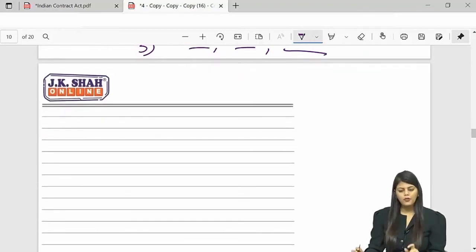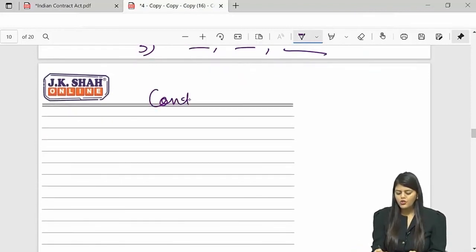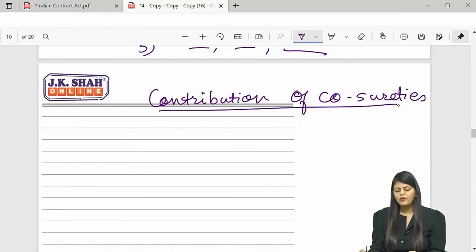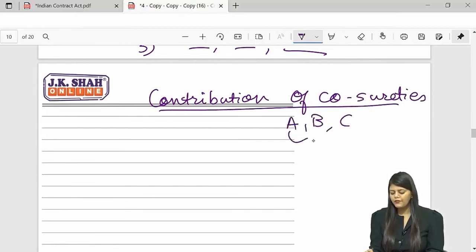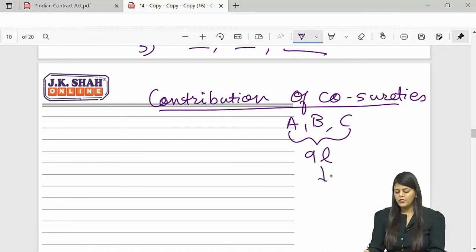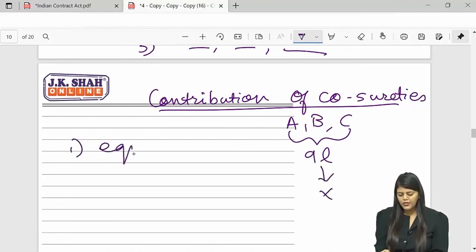And the small topic which you have is contribution of co-sureties. Just like you have joint promisors, you also have joint guarantors or joint sureties. A, B, C are jointly giving a loan of 9 lakhs, or A, B, C are jointly giving a guarantee of 9 lakhs to Mr. X. If nothing is given, can I say they will share this in equal ratio?